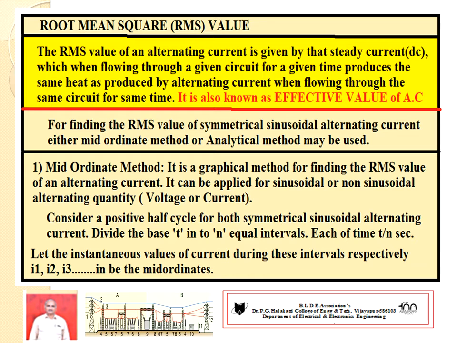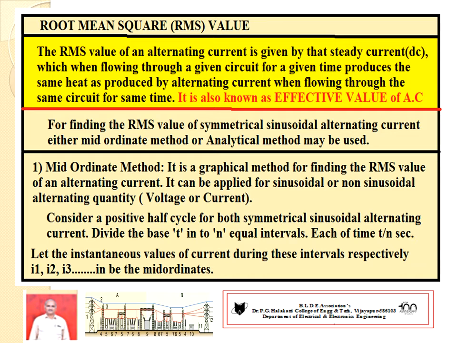The alternating quantity may be voltage or current. Consider a positive half cycle of a symmetrical sinusoidal alternating current, and in some cases we have to consider non-sinusoidal alternating current also.